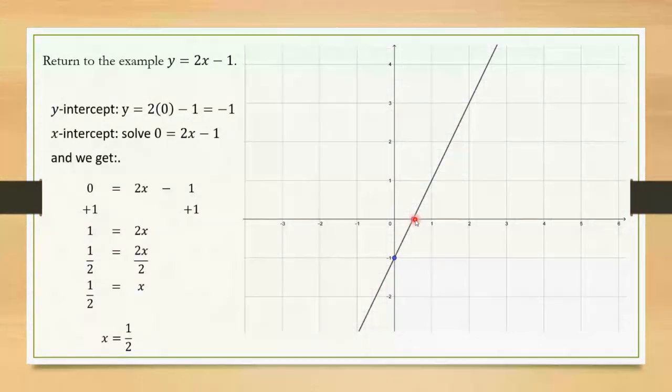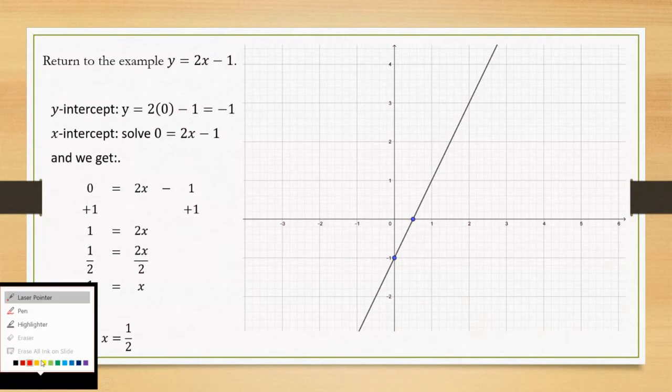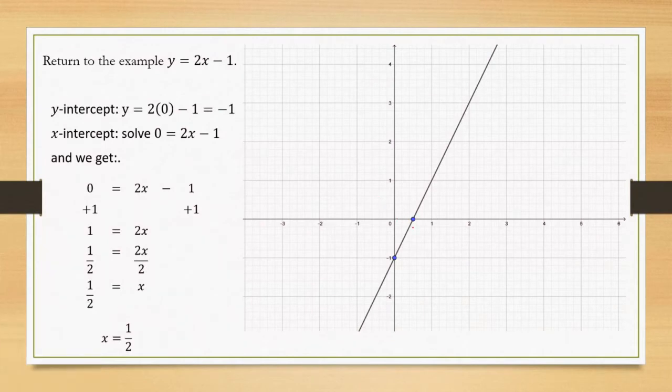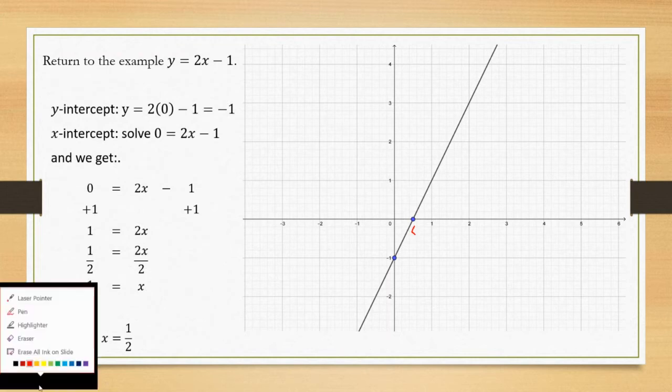In other words, this point here has coordinates, let me see if I can write it out. Hopefully I'll be able, oh, it's not going to come out right. I'll just say it. Let me just erase that.